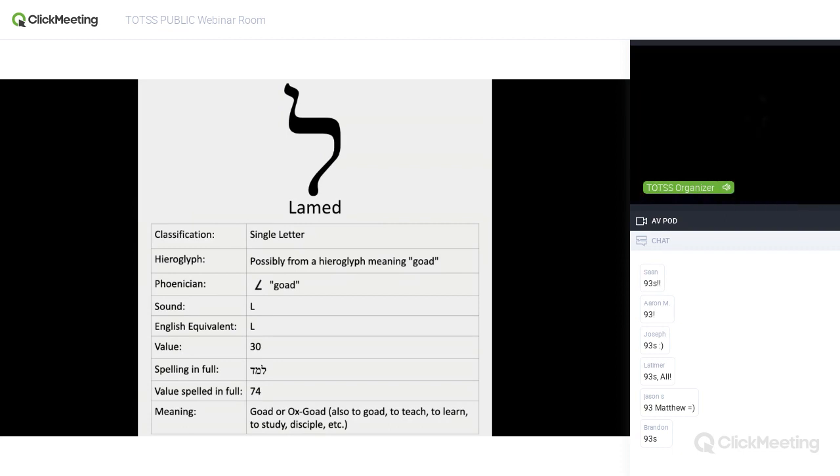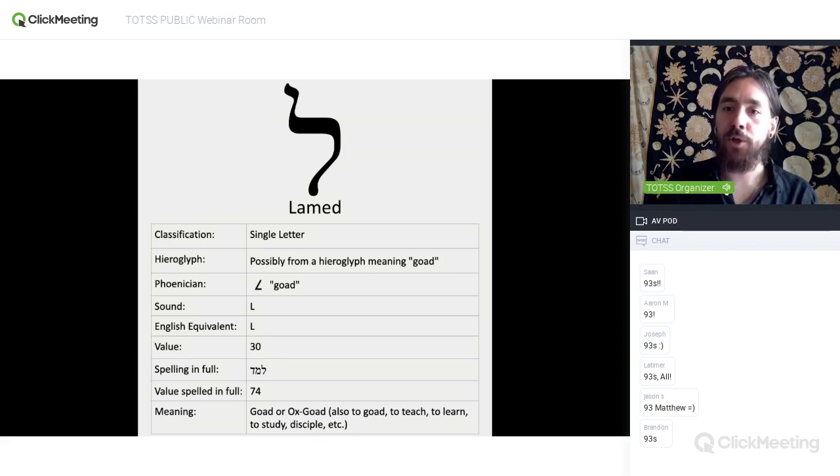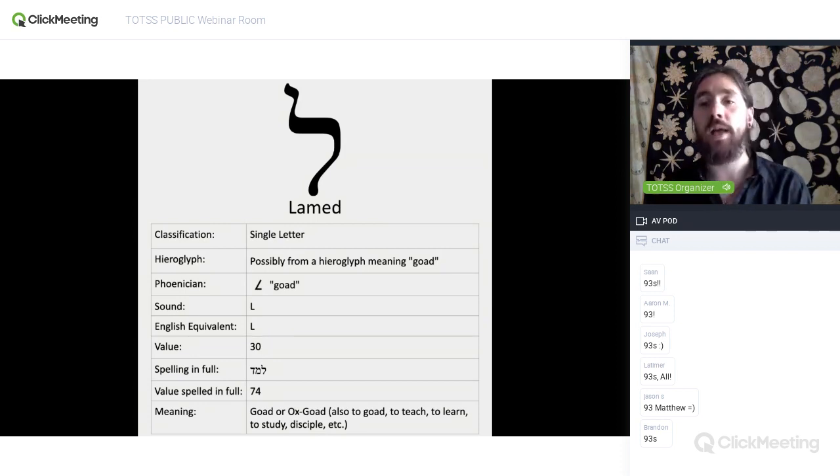But this idea of ox goad also gives Lamed a special relationship to the letter Aleph, which, as we saw, has the hieroglyphic meaning ox. And so Aleph and Lamed are the ox and the ox goad. Now, Aleph and Lamed together also spell the divine name El. And this is also like Liber AL, the book of the law. And there's also this idea of El as God, and then La, Lamed Aleph, meaning the not.